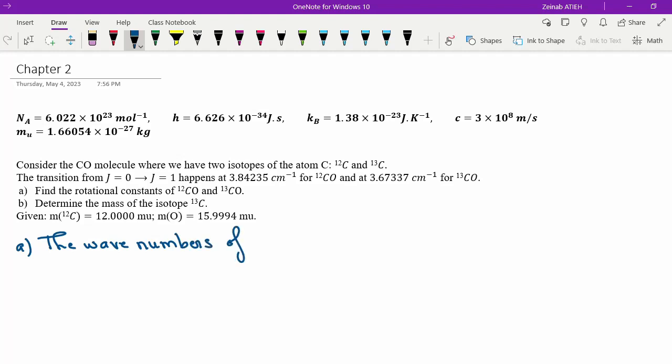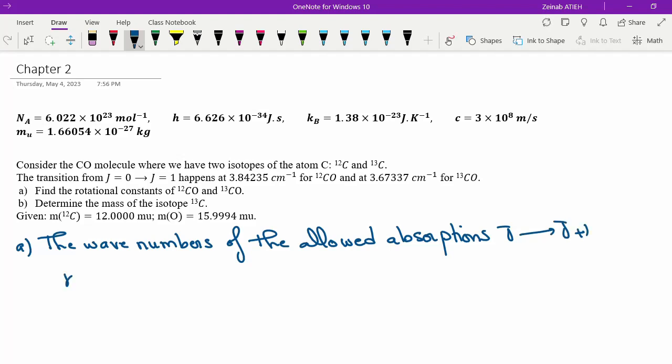of the allowed absorptions from J to J plus 1 are given by nu bar from J to J plus 1.